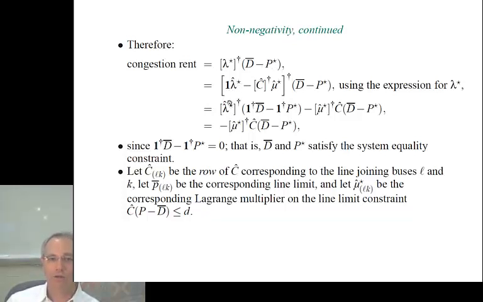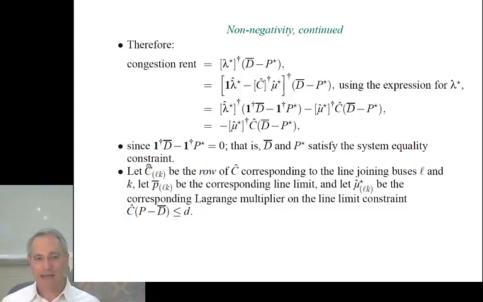That pulls out lambda hat star transpose times (1 transpose d overline minus 1 transpose p star) minus mu hat star transpose C hat (d overline minus p star). By supply demand balance, 1 transpose d overline minus 1 transpose p star is 0, so that leaves me with the term involving the Lagrange multipliers and the constraints.